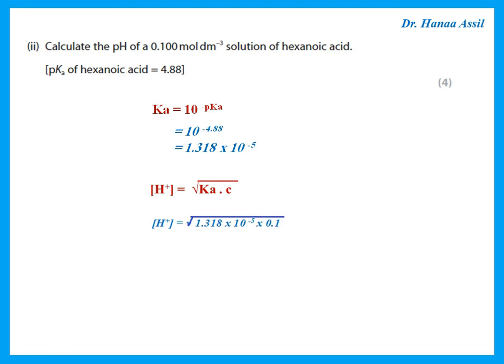So we have the value for the Ka that we got times the concentration that he gives me, which is 0.1. That gives me the concentration of H plus ions. From the concentration of H plus ions, I can get the pH. pH is minus log the concentration, so my pH is 2.94.